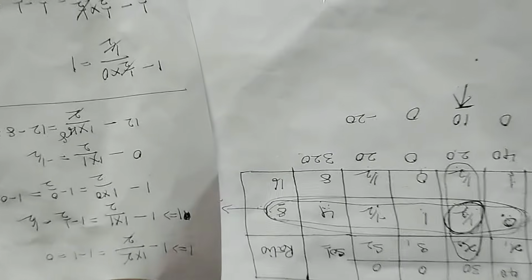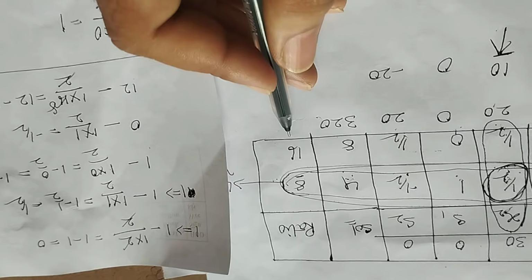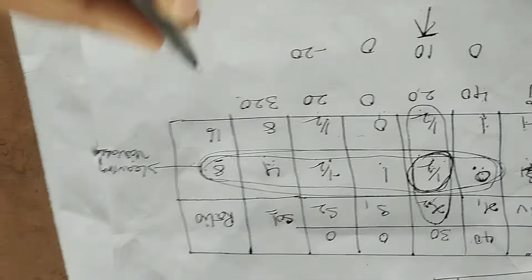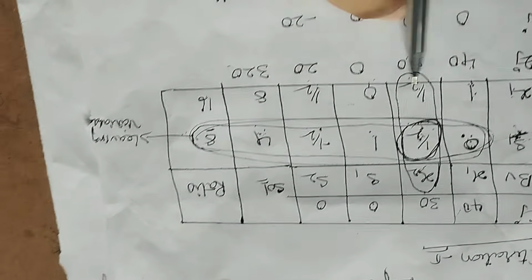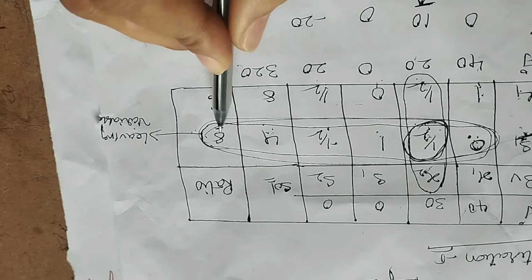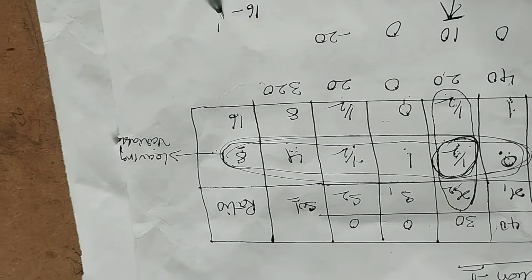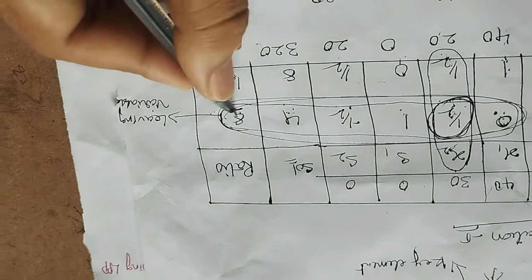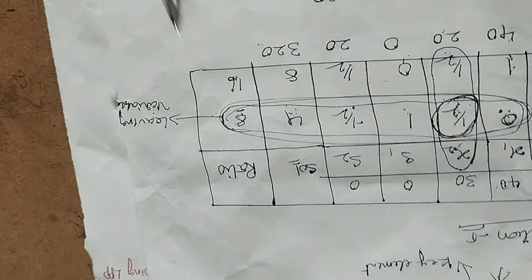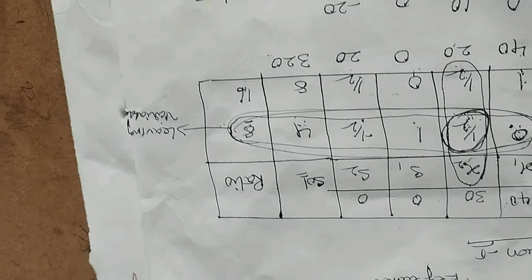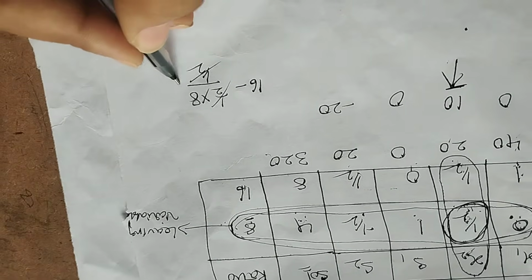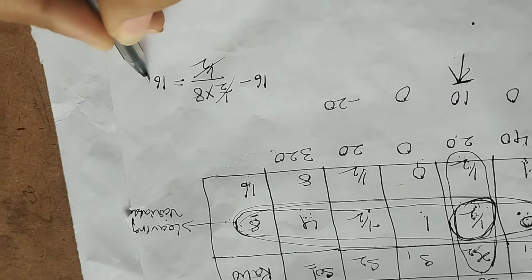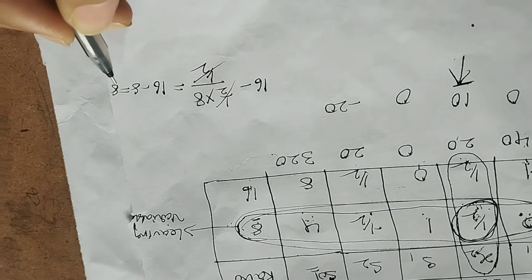And similarly for 16, I am calculating here itself. Old value is 16 minus the corresponding key column value 1 by 2 into the corresponding key row value 8, divided by the key element 1 by 2. The 1 by 2 cancels. 16 minus 8 is equal to 8.